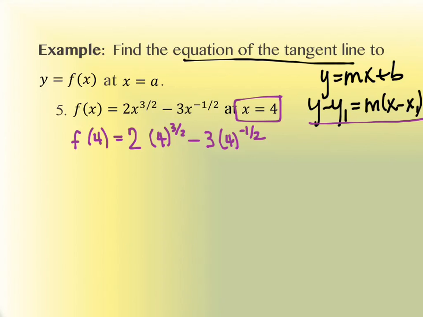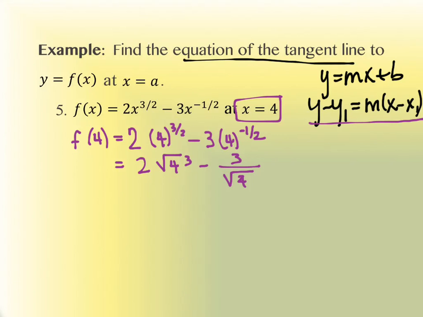This is a good place for us to actually use that simplification from the problem before. This actually means 2 square root of 4 cubed minus 3, and because it's negative, it's in the denominator, 3 over the square root of 4.